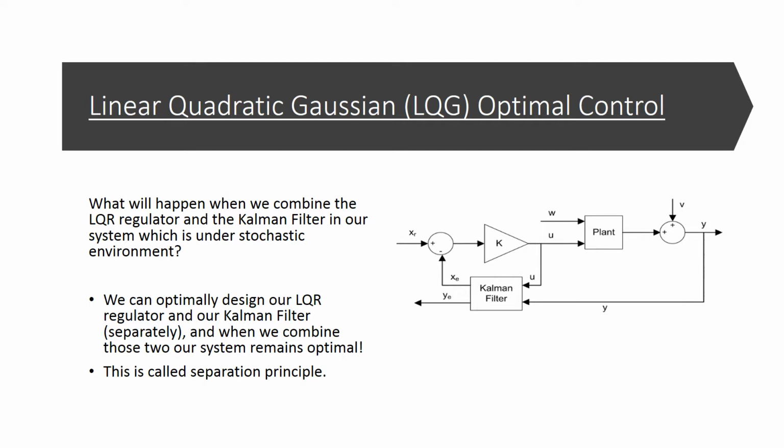The best thing here is that we can design our Kalman filter separately and our LQR regulator separately, and both can be designed optimally in a separate way. Even if we combine both, the whole system remains optimal. That is the best part of it, and this happens due to the separation principle.